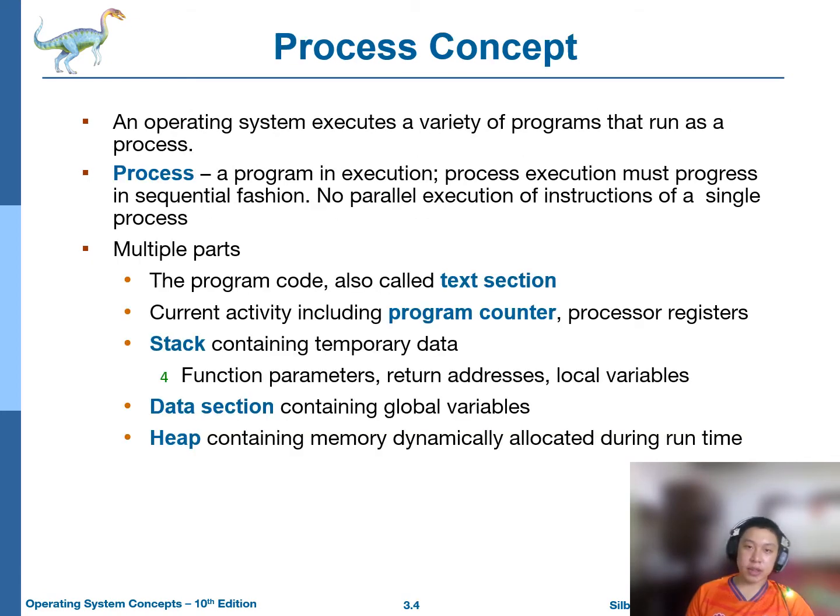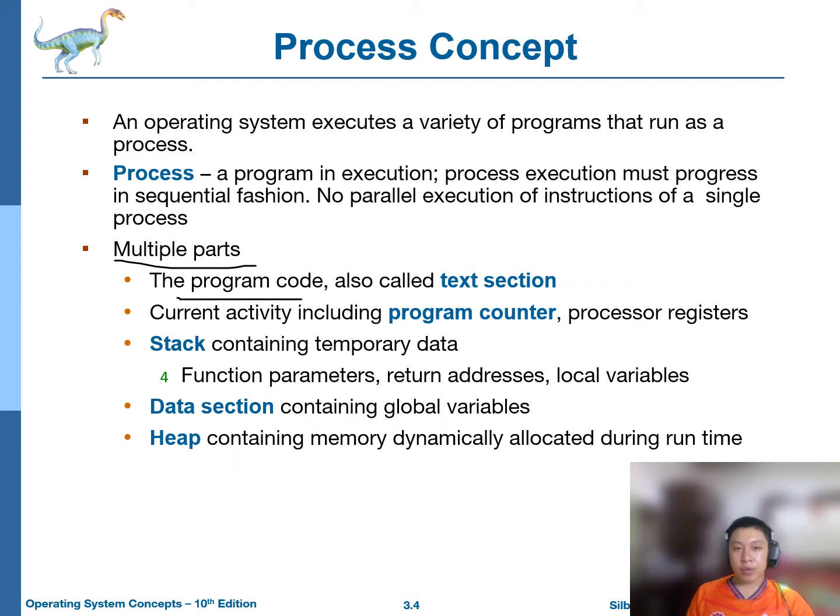Process concept. An operating system executes a variety of programs that run as processes. A process is a program in execution, and execution must progress in a sequential fashion, with no parallel execution of a single process. A process has multiple parts.